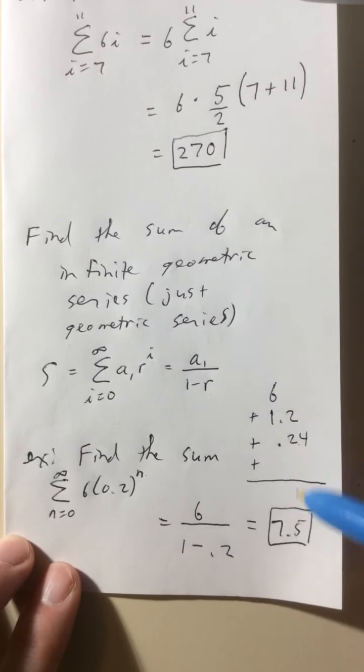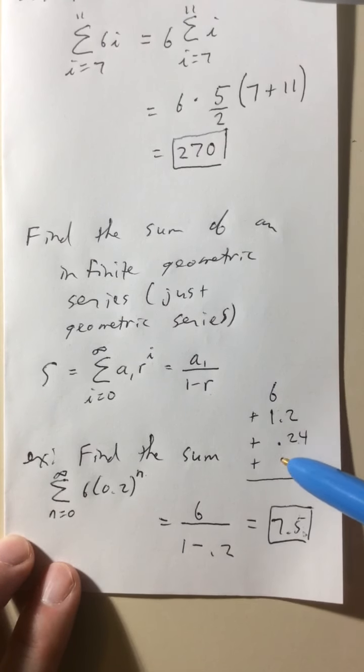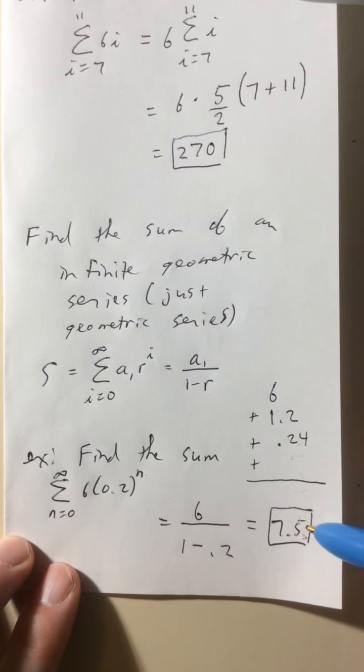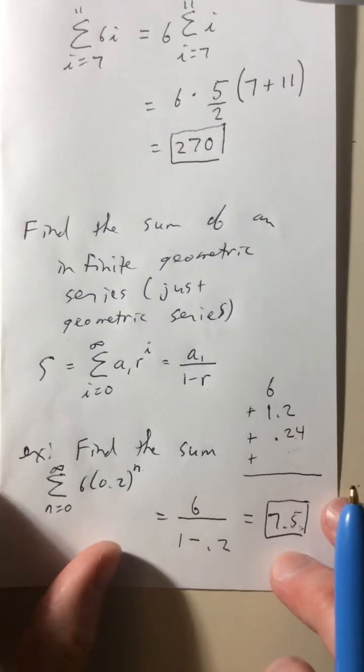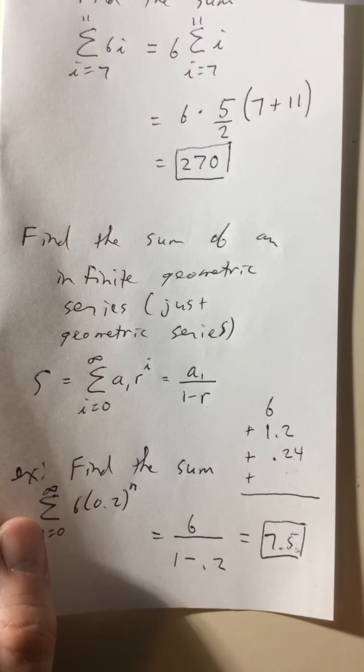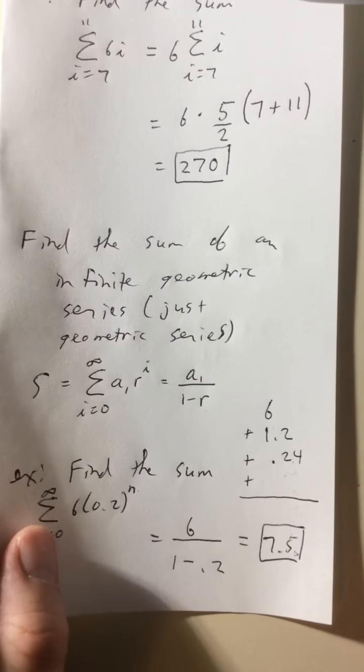The first 3 terms actually get us fairly close to the actual total sum at the end. So the rest of these terms from here to infinity add up to almost nothing at all, which is actually a cool concept. So that's using the formula for an infinite sum for a geometric series.